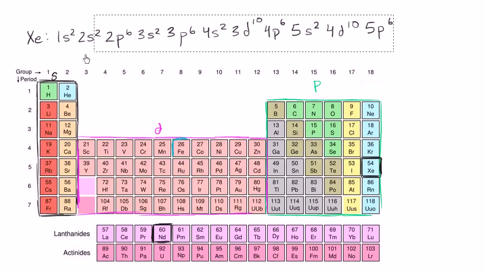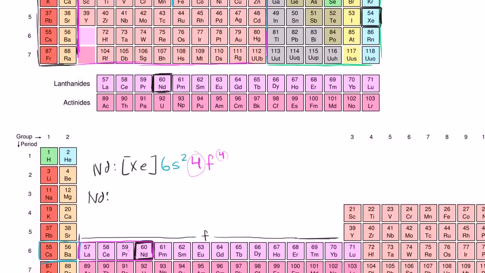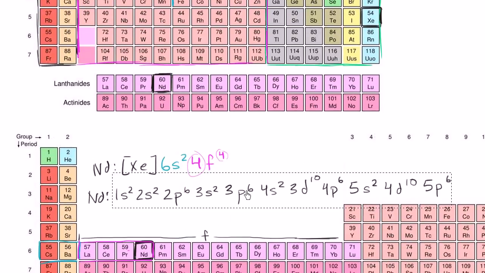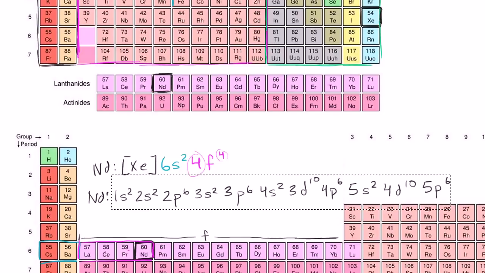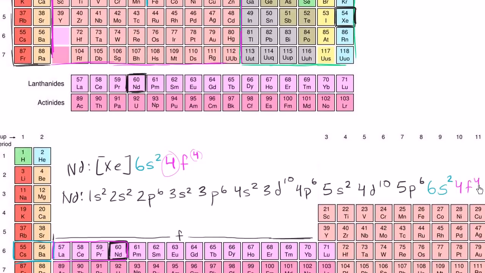So to write all of that, and then to add to that the 6s2, and the 4f4. And so hopefully you appreciate that this is a slightly more efficient way to write it.